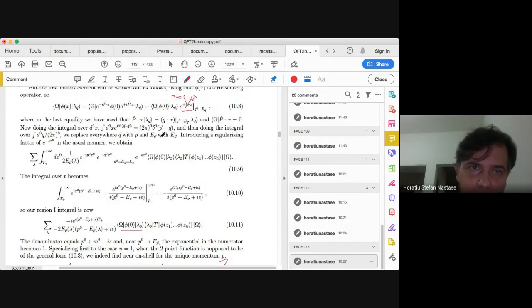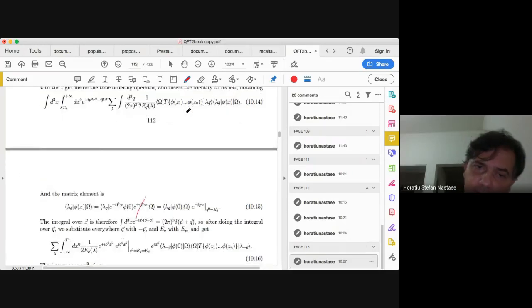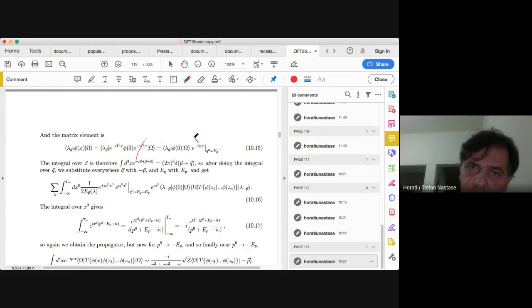So up here we got e to the plus iqx. Now we get e to the minus iqx, and again this splits into an x0 and an x vector. Doing the integral over x vector, I get this delta of p plus q now. It's a different sign.